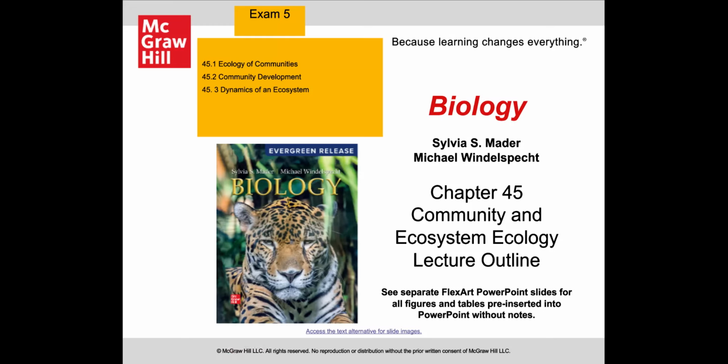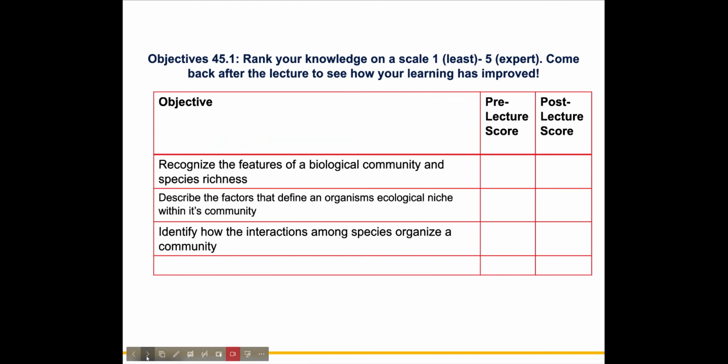We're going to take a look at three different sections about community and ecosystem ecology in this chapter. First, we're going to look at the ecology of a community, then how communities develop, and then the dynamics within an ecosystem.